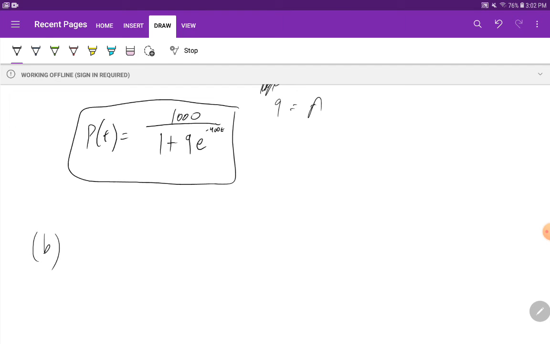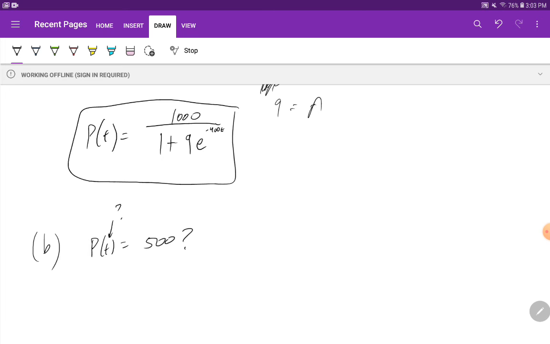The second part of the question goes, how long does it take for the population to reach 500? Right? How long? So they're asking, what is the t value to get the population to be 500? Well, this part, it looks like you're going to need some good old algebra here.